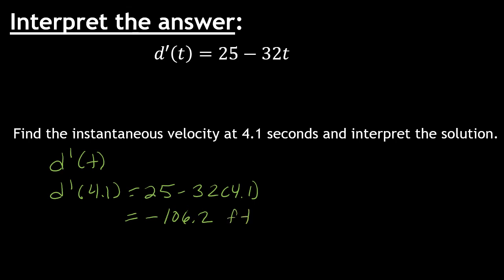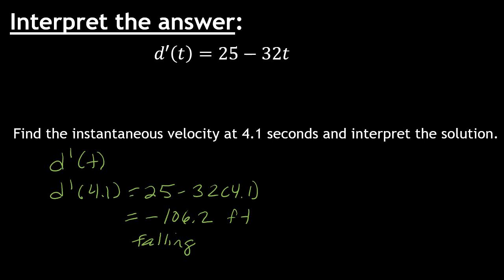So the slope of the tangent line at 4.1 seconds into the path is negative 106.2, and because that's the slope, that tells you that the object is falling. If the slope of the tangent line was positive, the object is going to be going up in the air. So if you graph that, and you looked at what's happening when time was 4.1, the object would be falling.